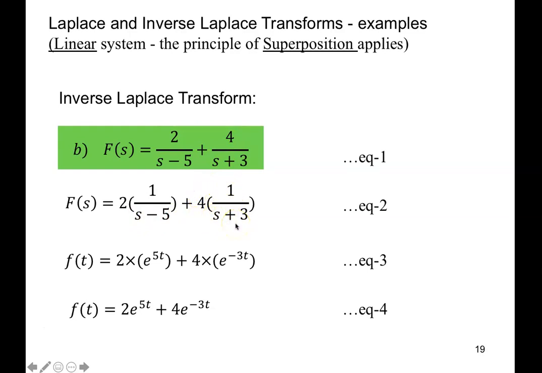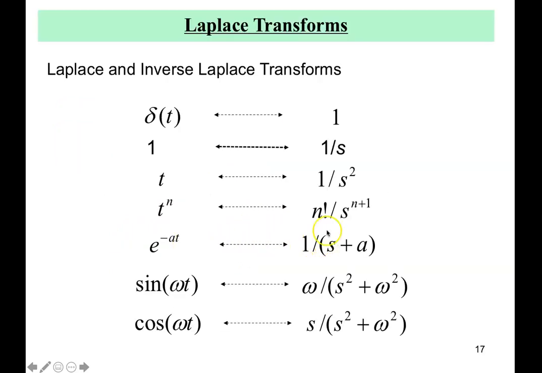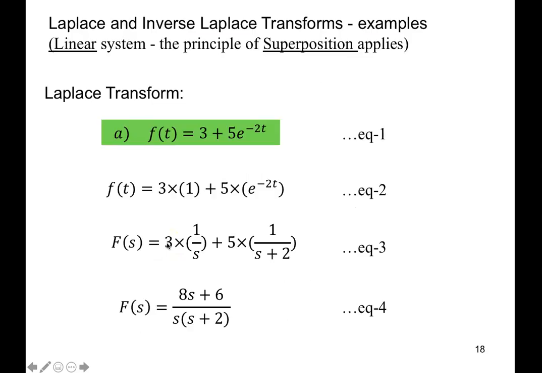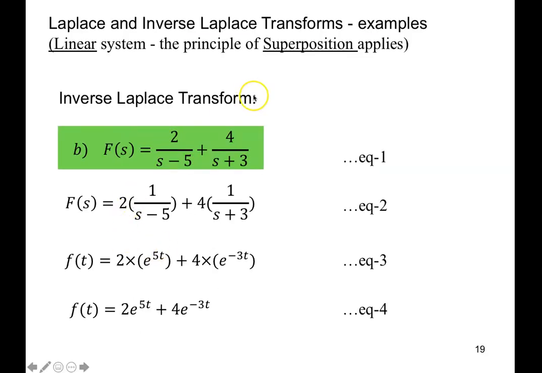Now if I go back, remember these two. This is 1 over s minus minus 5, sorry, and this is 1 over s plus 3. If I go back a couple of slides, I have s plus a. If that's 3, it becomes e to the minus 3t. If this is minus 5, it becomes e to the power of positive 5t, negative to positive.